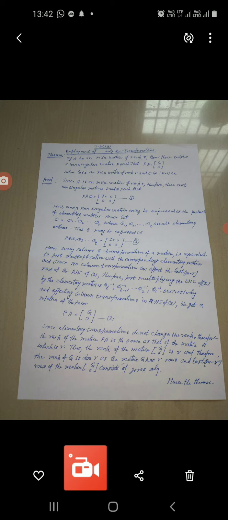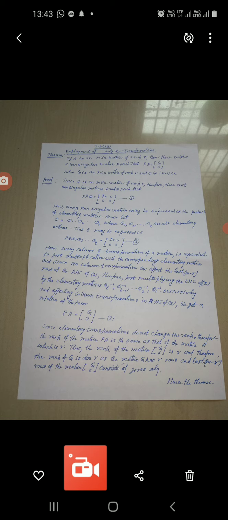Now we perform R2 as minus 1 by 2 R2. We get in the first row 1 0 0, in the second row 0 1 1, and in the third row 0 minus 2 minus 2, equal to 1 0 0, 1 by 2 minus 1 by 2 0, minus 3 0 1, into A, multiplied by the matrix 1 minus 1 minus 1 row-wise, 0 1 0 and 0 0 1.